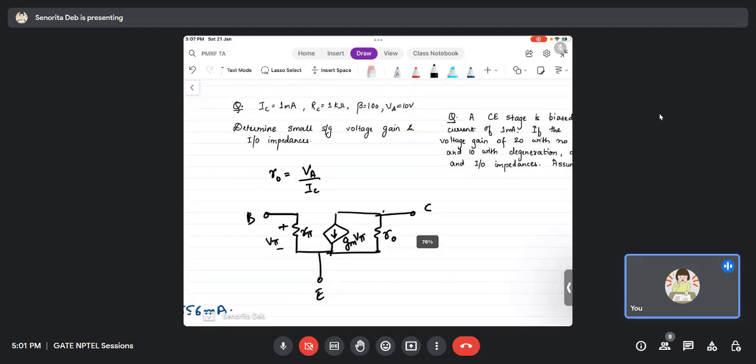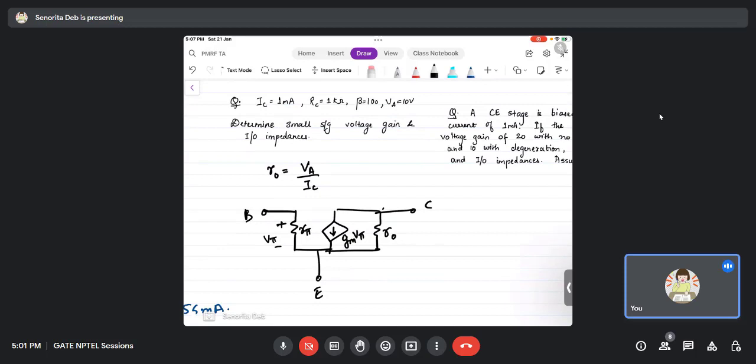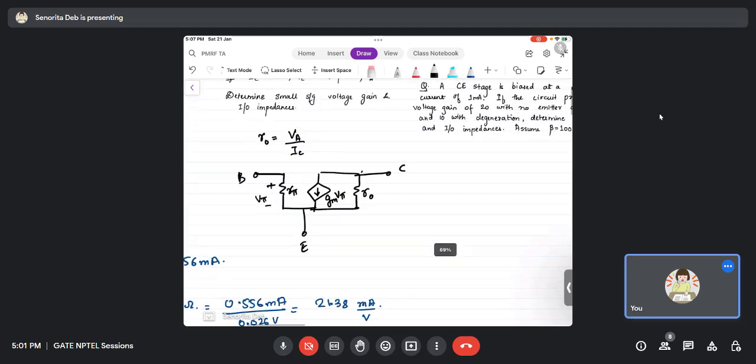Okay, so now what will happen? With this R0, let me just solve it. I don't think you should solve the numerical without solving this. So let me just solve the small signal model first.